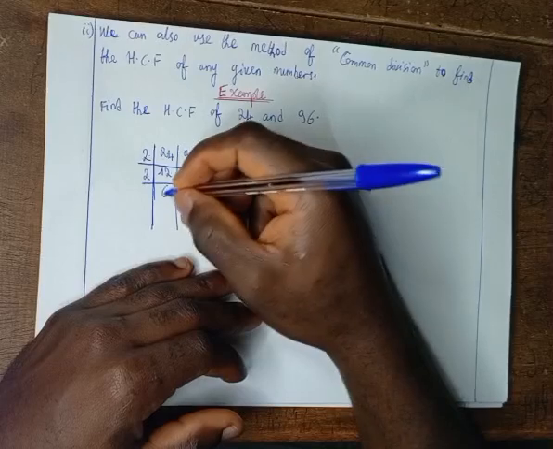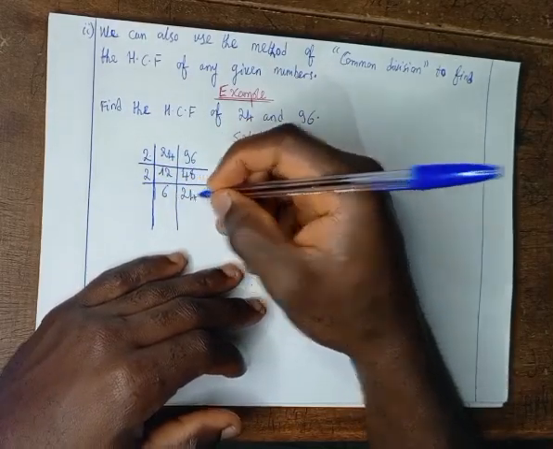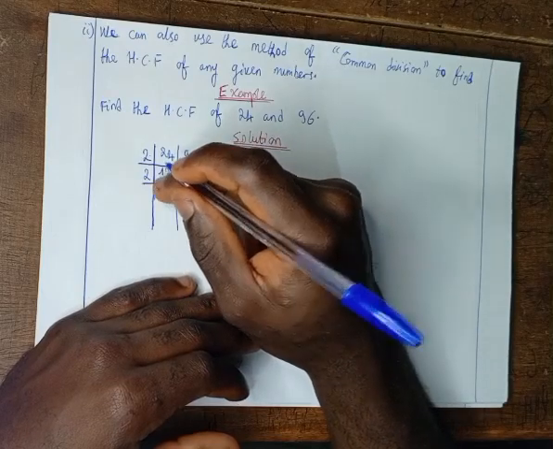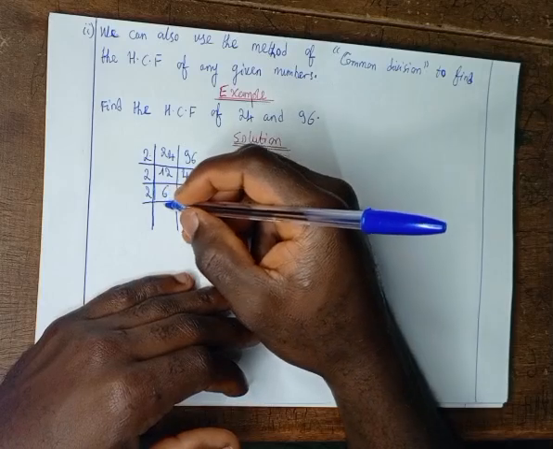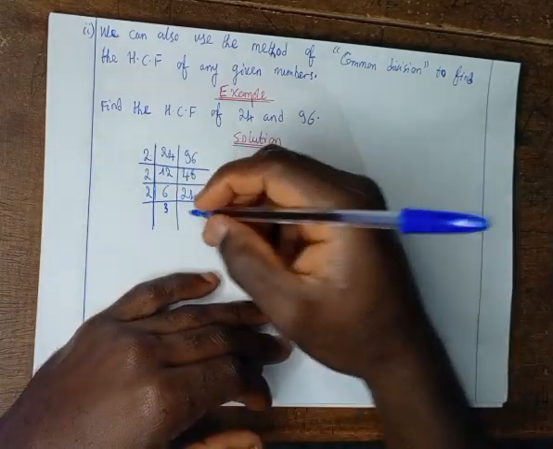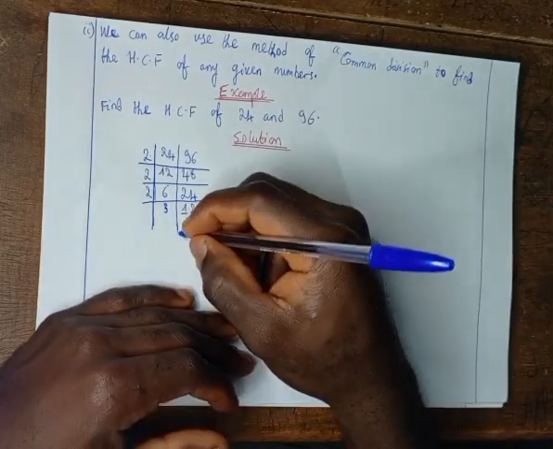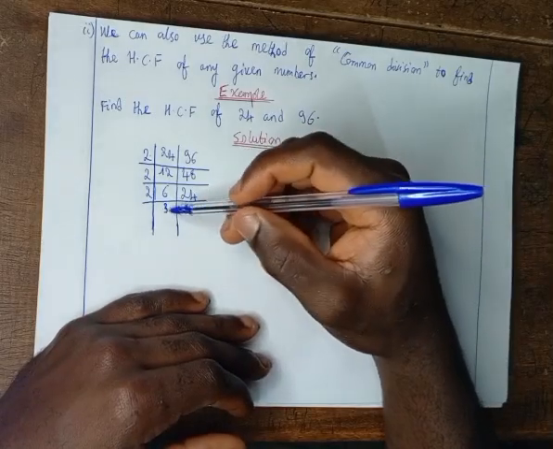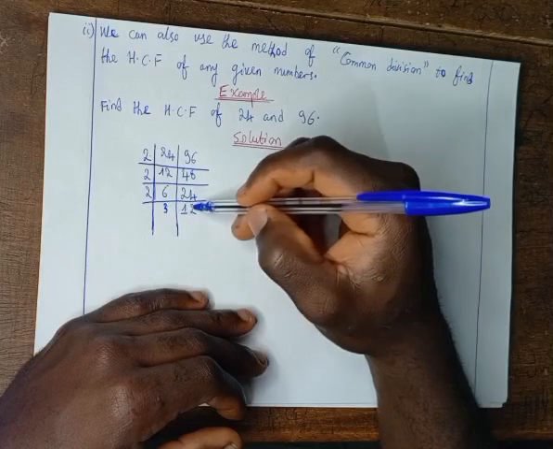12 divided by 2 gives us 6. 48 divided by 2 gives us 24. 2 is still a common prime factor to the numbers 6 and 24. We bring down 2. 2 will go into 6 3 times. 24 divided by 2 gives us 12. Now at this level, you will see that 3 is a prime factor which is common to 3 and 12.